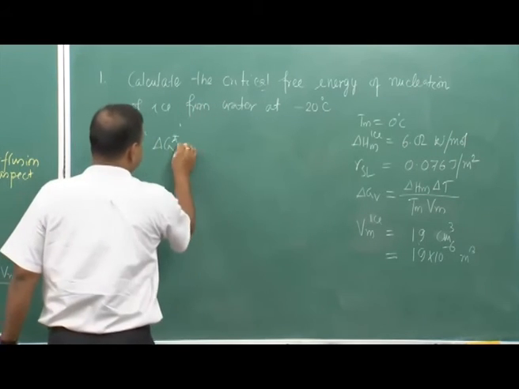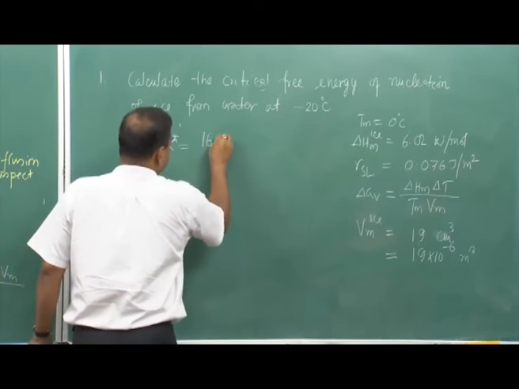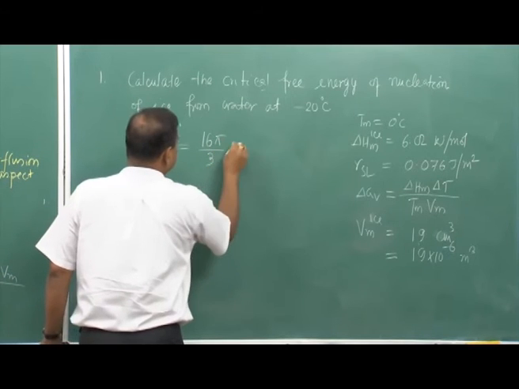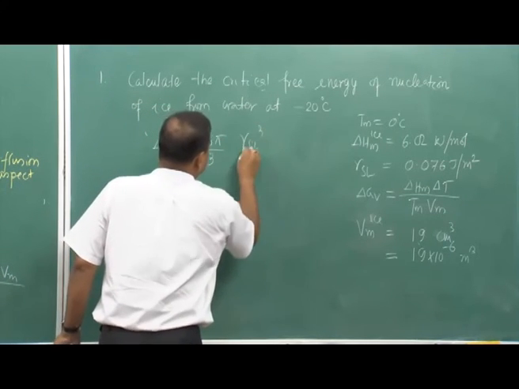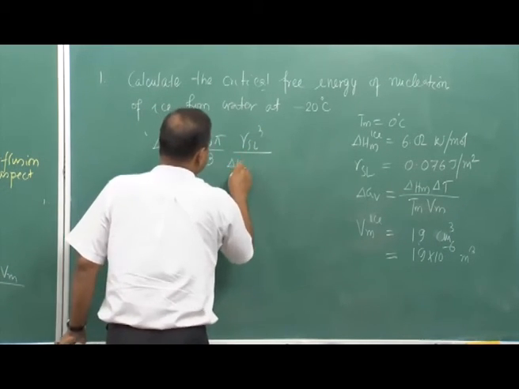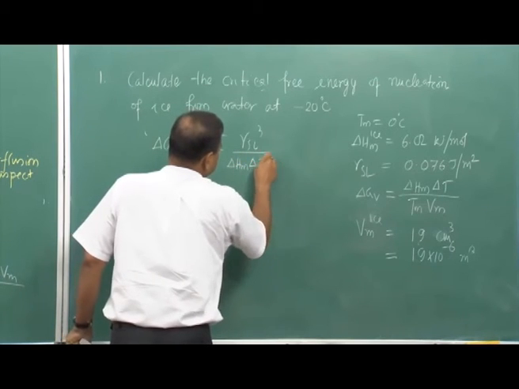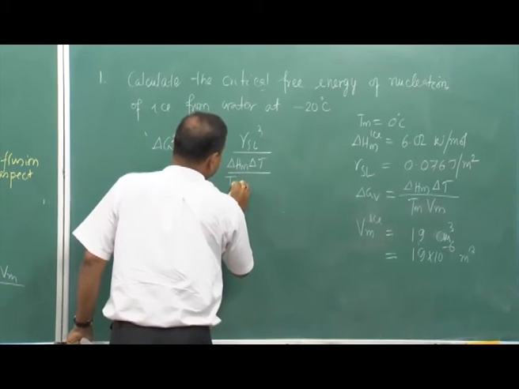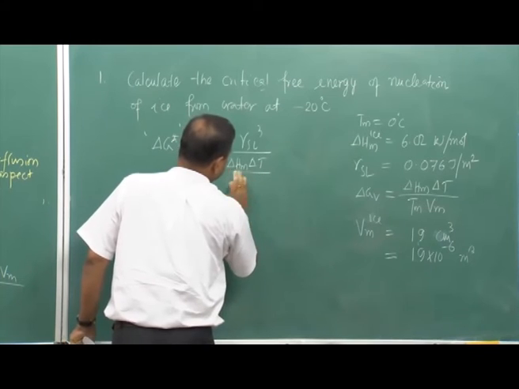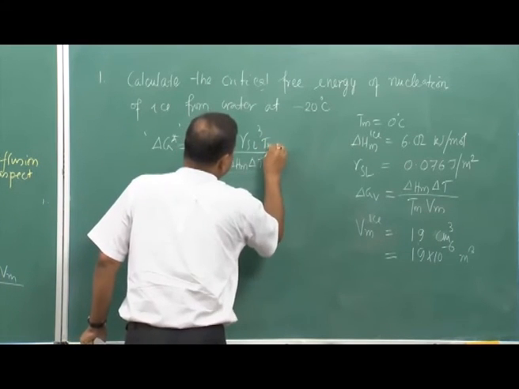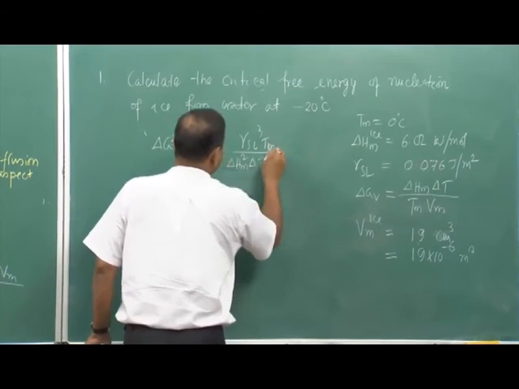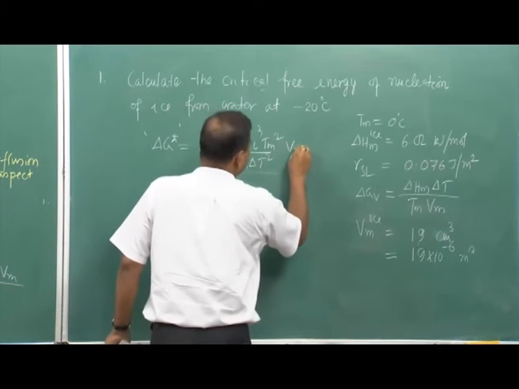Now, this one is 16 pi by 3, gamma SL cube, delta Hm delta T, Tm, all square, Vm square.